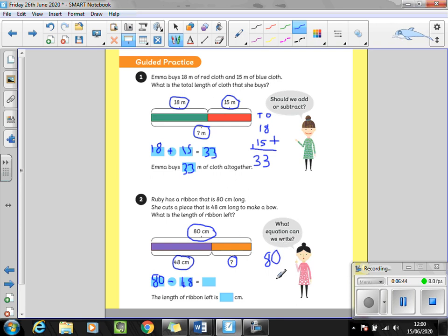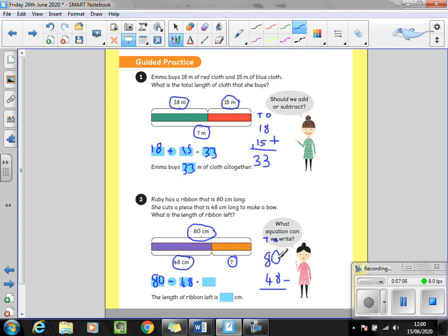Okay, let's have a look. So we've got 80, take away 48. Now with subtraction, we always start by looking at the ones column and thinking about what we need to do first. Now my first step would be to have 0 take away 8.